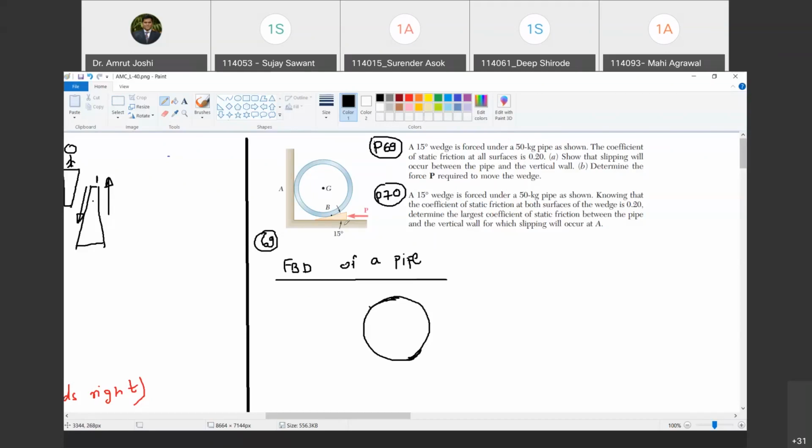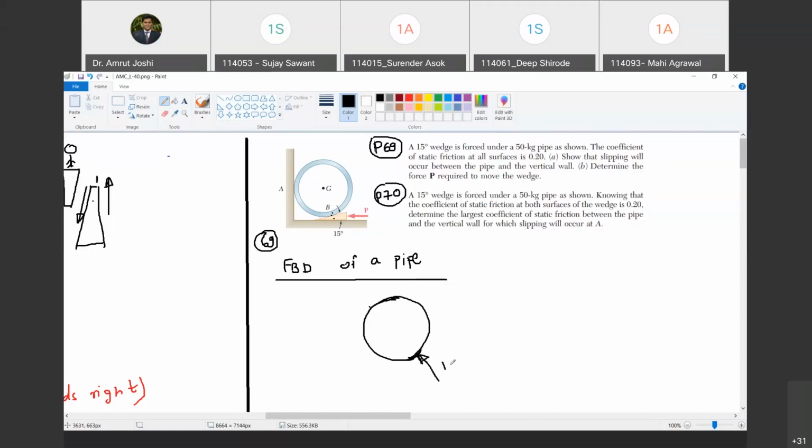Let us now try to imagine that when P starts moving the wedge in, there is sliding at B between pipe and wedge. Are you with me? Yes, sir. So there is a sliding between pipe and wedge at B. That means, what are the reactions that will be offered here? Can you tell me? By the wedge at point B, there will be one normal reaction. Do you agree with me?